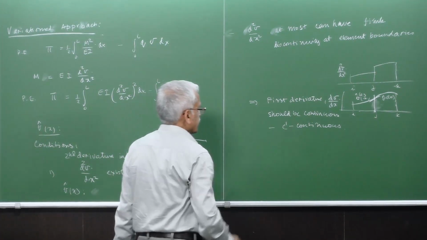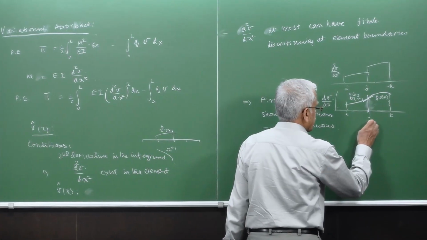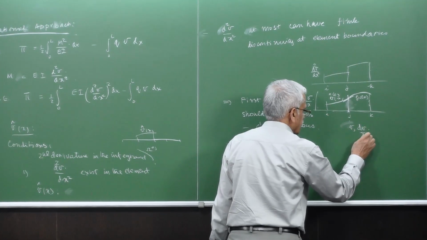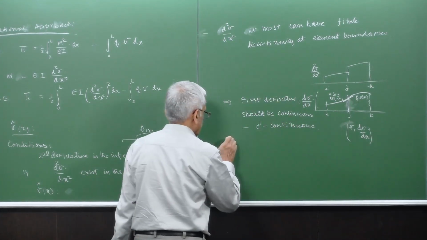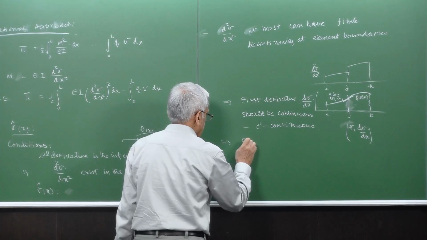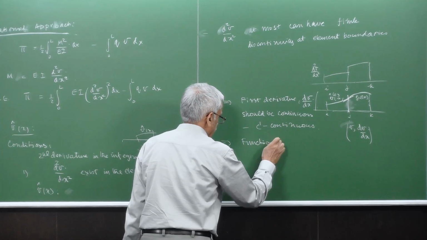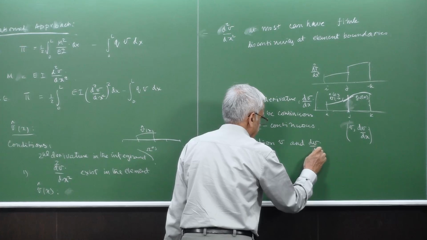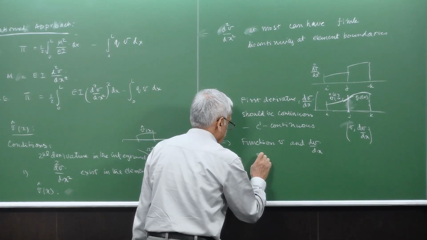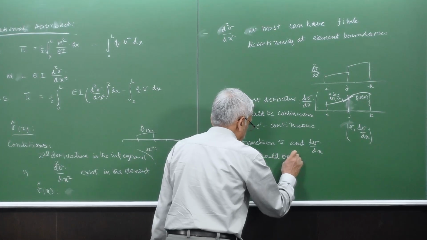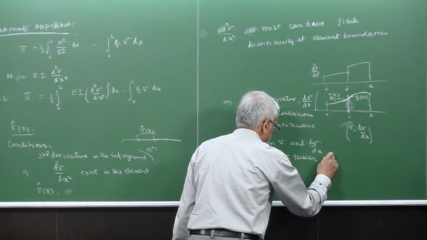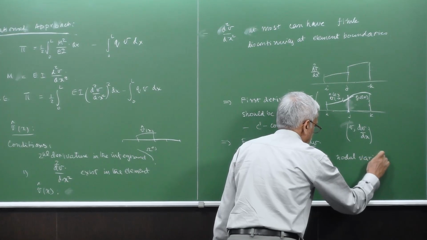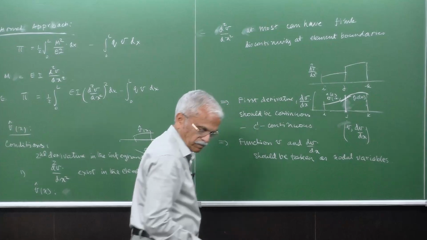So here, if C1 continuity is required, that means we require the function v as well as the first derivative dv by dx to be taken as nodal variables. So this is important for us.